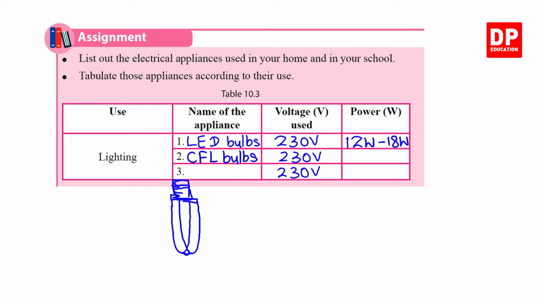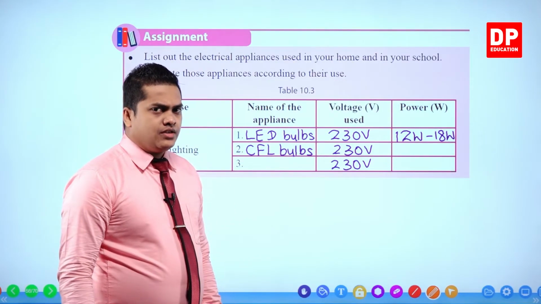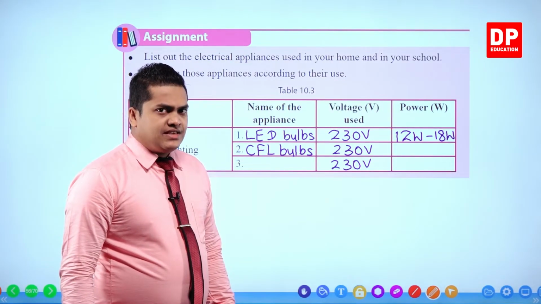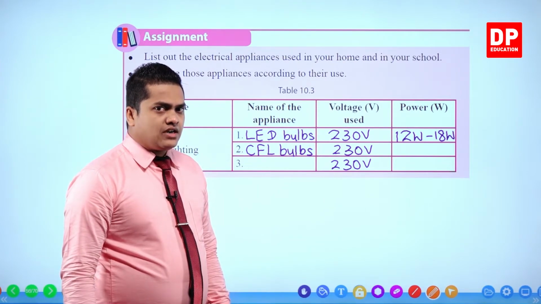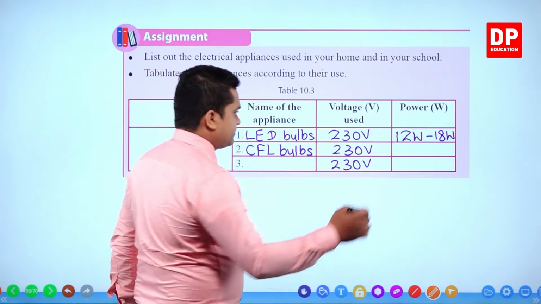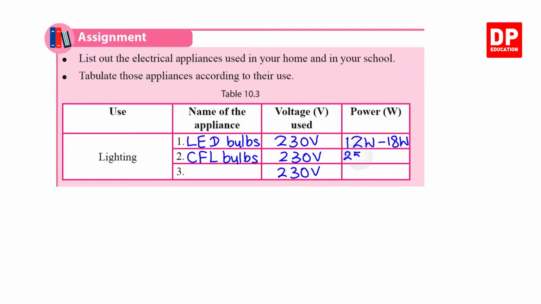So usually CFL bulbs are available in different watt values like the LED bulbs. But however, children, CFL bulbs are going to start at least from 25 and go up to 100.